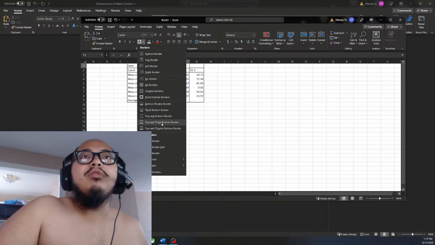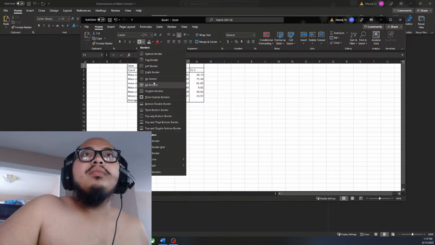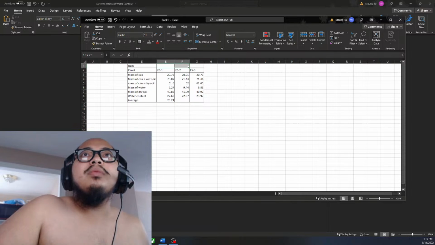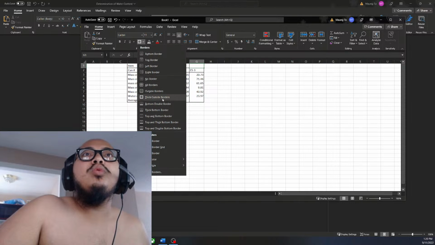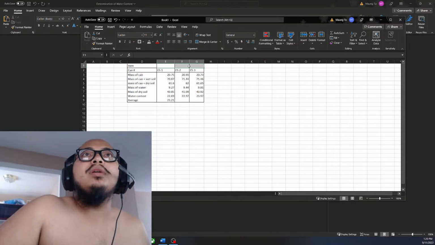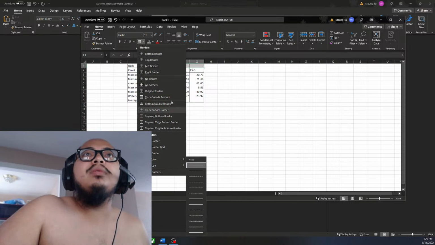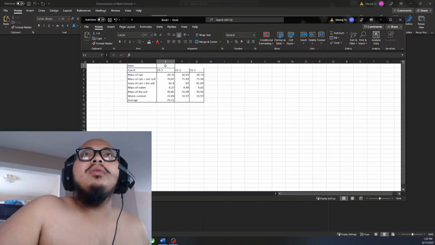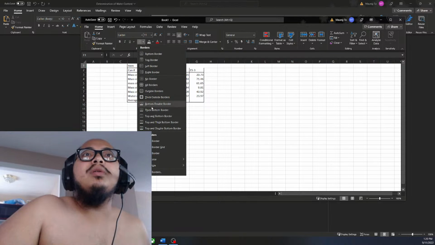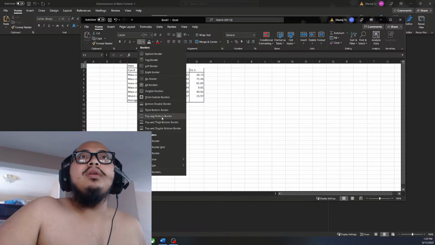Let's remove. How do I remove? I want to remove this. I guess I just remove the entire thing then. No border. Okay. And then we'll do a thick one.